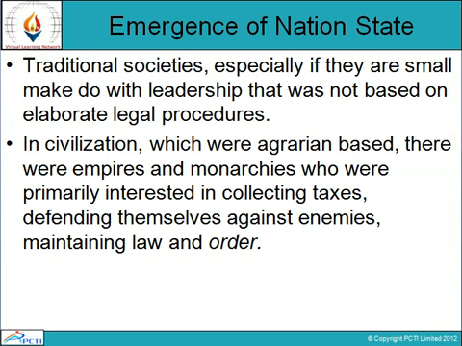In civilizations which were agrarian based, there were empires and monarchies who were primarily interested in collecting taxes, defending themselves against enemies, and maintaining law and order. That was known as emergence of nation state.